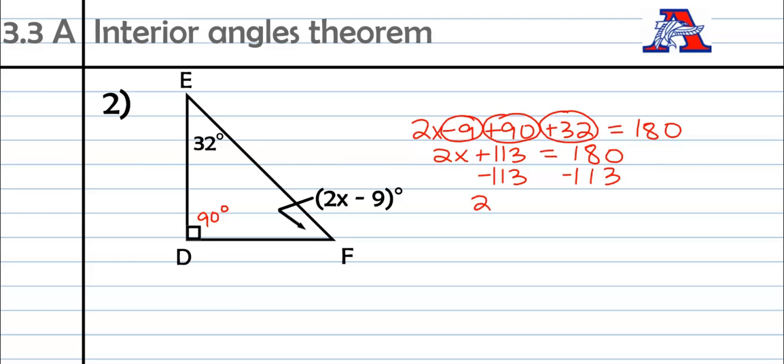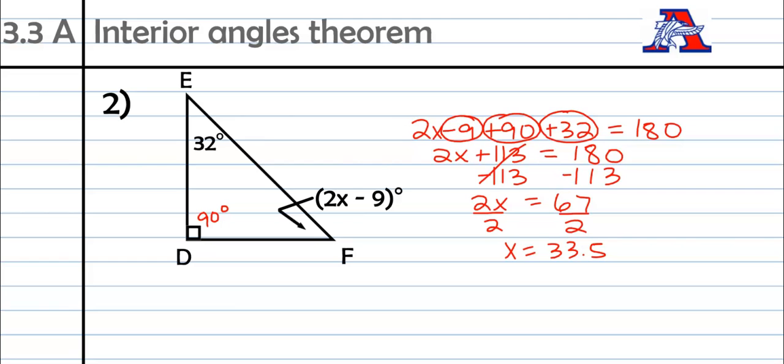That's going to give us 2x is equal to 67. And then last step, divide by 2, and x is equal to 33.5. And that's fine. We don't always get perfect, nice round numbers for x, and we can be okay with that.